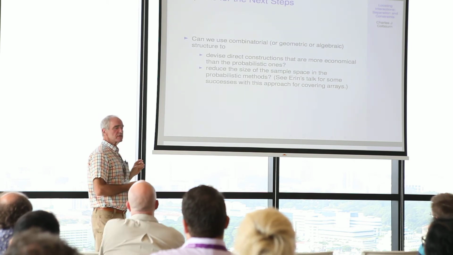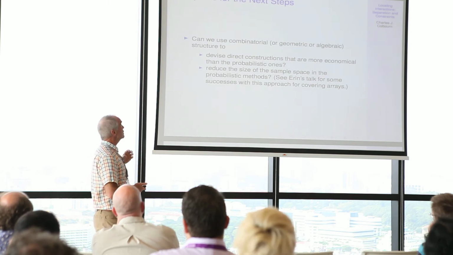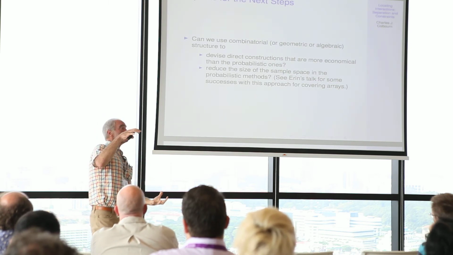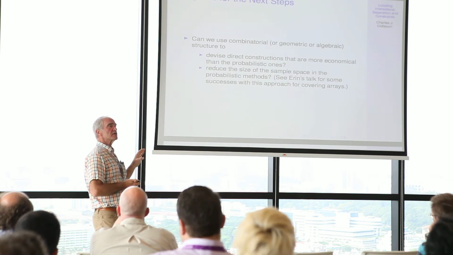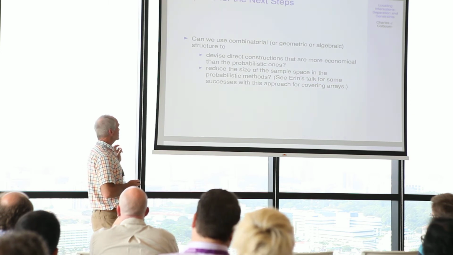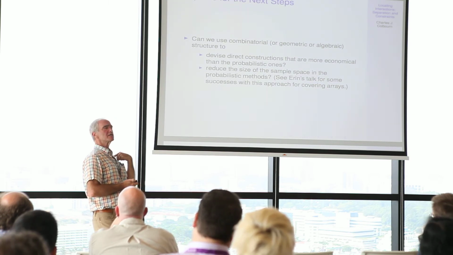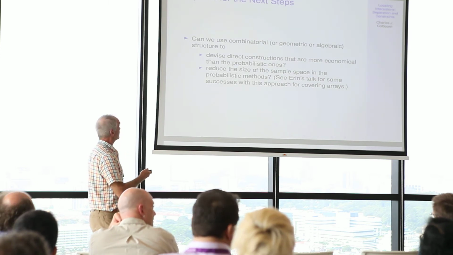Well, there have been some results recently that use geometric or algebraic structure to reduce the sample space quite dramatically, and this has been very effective for covering arrays. We don't see how to do it yet for locating or detecting arrays, but I'm not going to say anything more about that because I think Aaron is going to be talking about that a bit later.